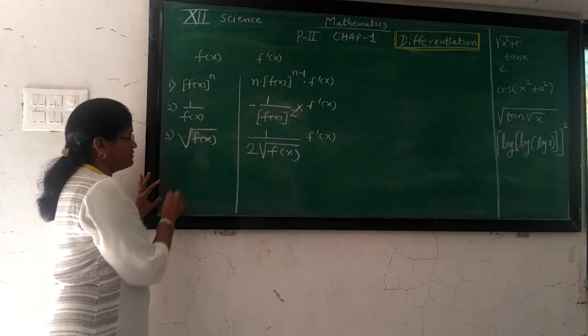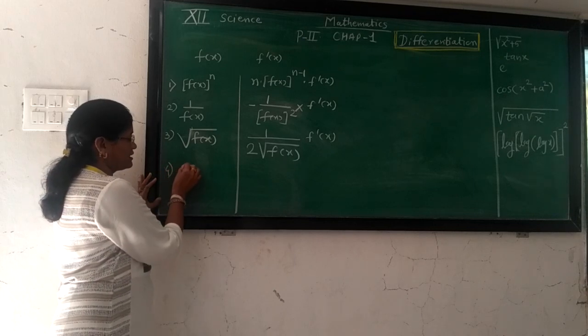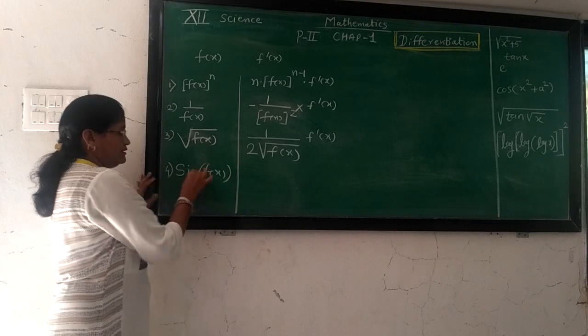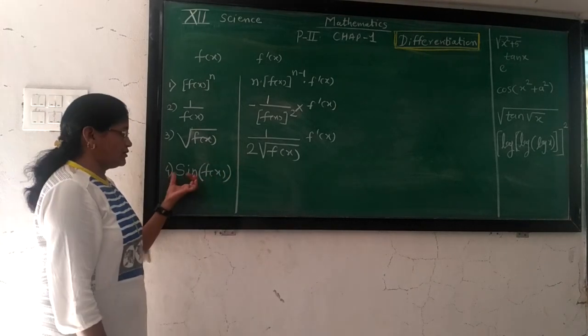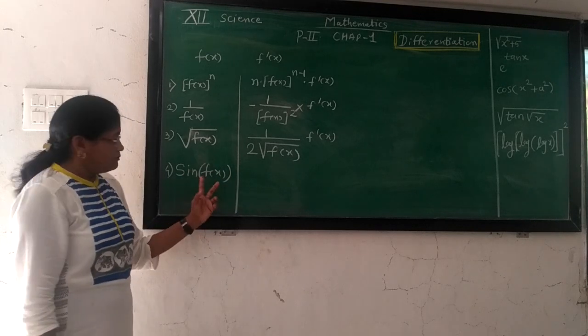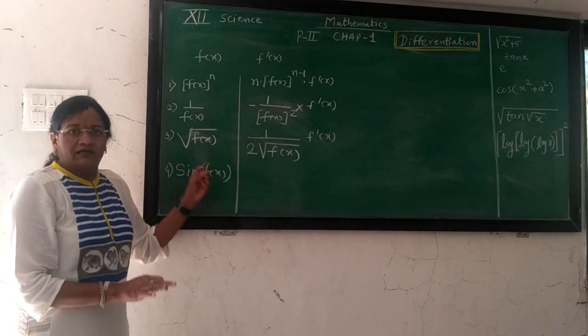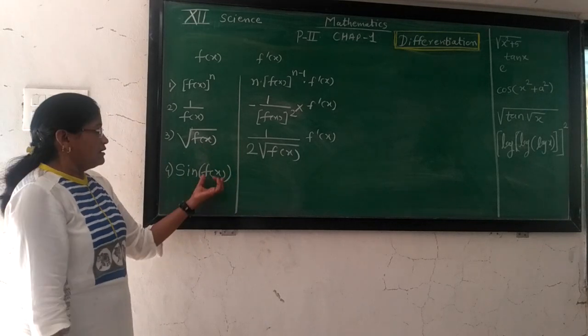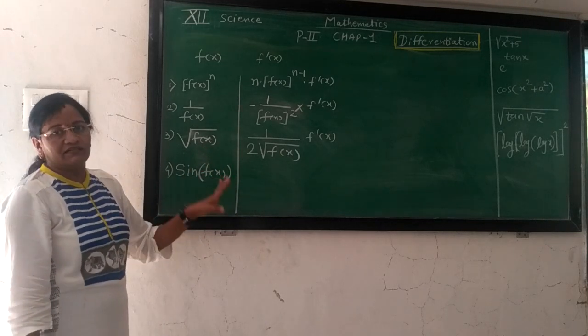For a trigonometric function, suppose we take the given function as sine of f(x). We may have functions of the type sine of log x, sine of cos x, sine of 2x, sine of x square. That means f(x) is any type of function, trigonometric, logarithmic, exponential, algebraic, quadratic. But every time its derivative is multiplied.